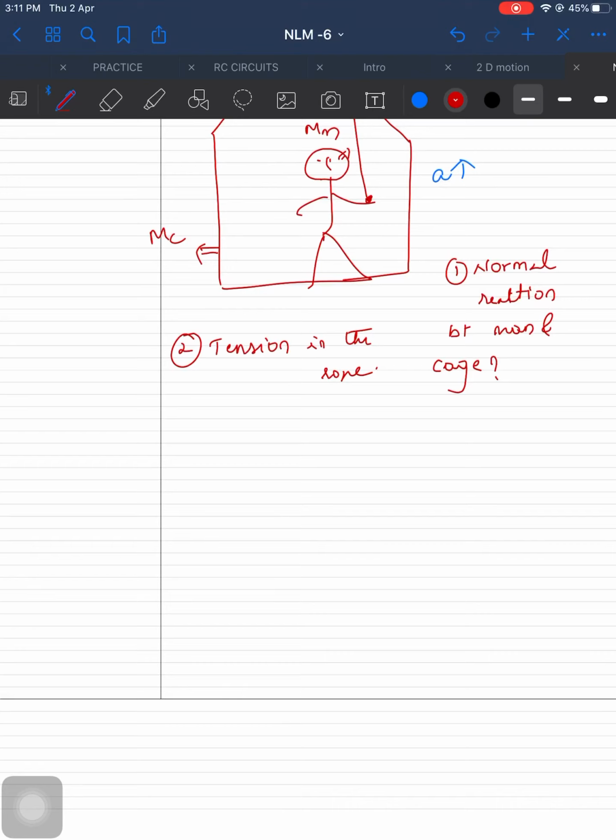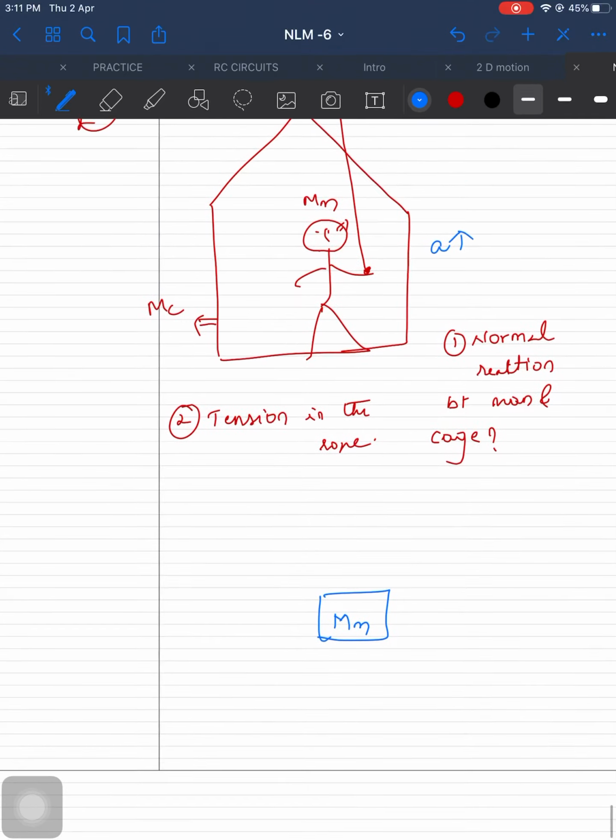To solve this kind of problem, let's assume the man as one block, mass of man. What are the forces acting on the man? There is a tension in the rope, acting in the upward direction. He is going upwards.